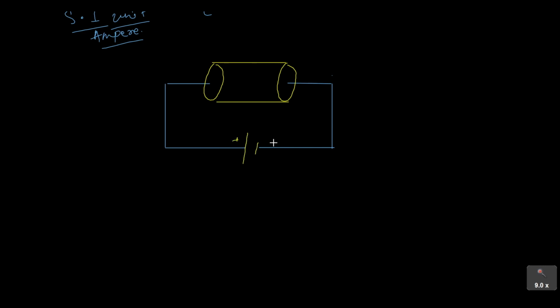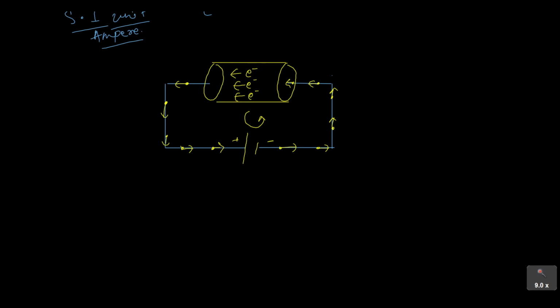If this is my positive terminal and this is my negative terminal, you know electrons are negative, so they will be flowing towards the positive side. Electrons will be repelled by the negative side, so they flow away from the negative terminal. This is the direction of the electrons.